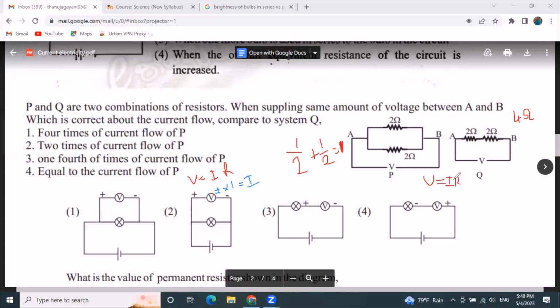We have already found the value of the resistance as 4 ohm. Then R is equal to 4.